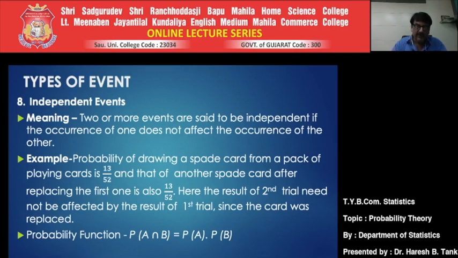So it would be probability of A multiplied by probability of B. But this function is applicable only if they are independent, that is, the occurrence of A doesn't affect the occurrence of B. Okay, when events are independent, if you are replacing, then only they become independent. Now let us see what happens when we are not replacing it.